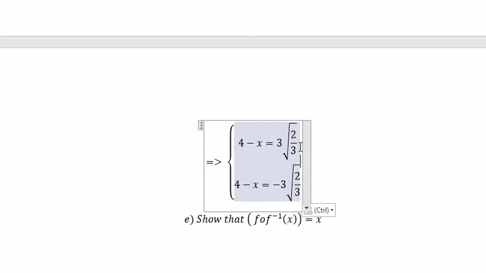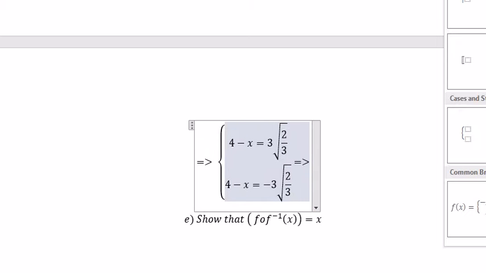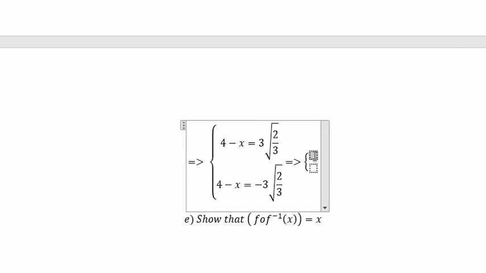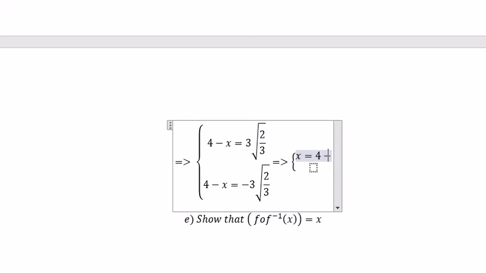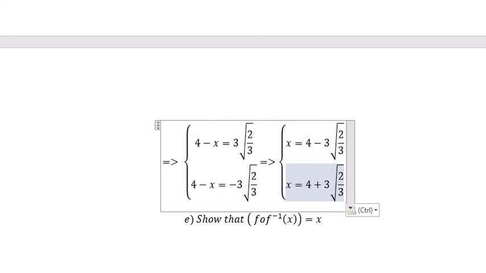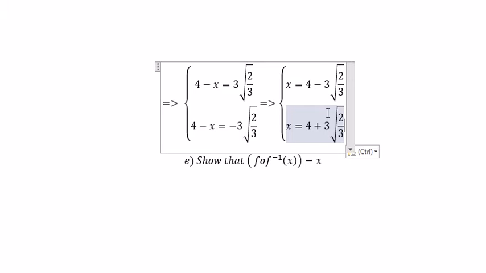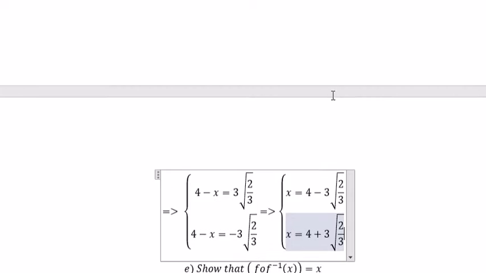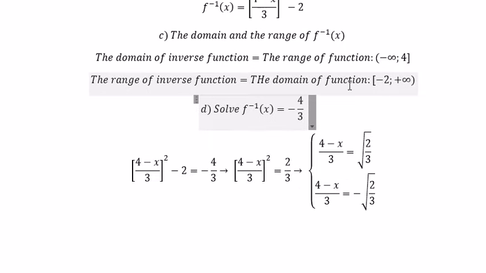Now we can find the value of x. So after we find the solution, we need to compare to domain in here.